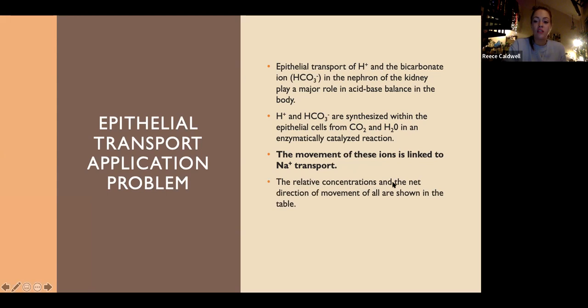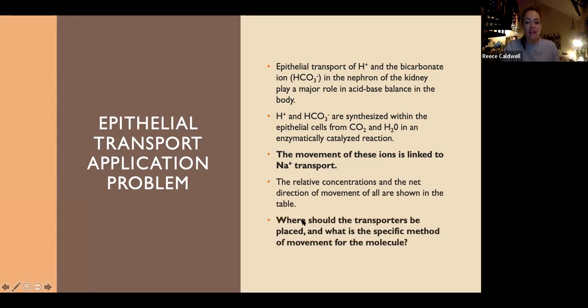So the relative concentrations and the net direction of movement are all shown in the table that we see on the worksheet, and we'll see it on the next slide. And we're being asked where should the specific transporters that we are given be placed, and what method of movement is occurring for the molecule.